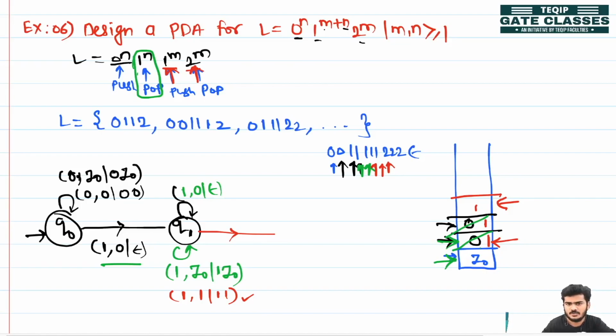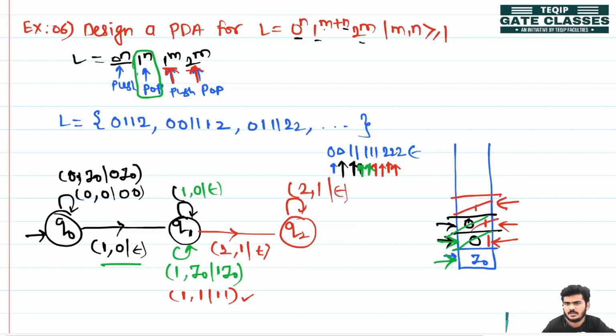So whenever 2 is the input symbol and the top of the stack is 1, we will start popping. So this 1 is popped, and the top pointer becomes this. For the next 2 also we will do the same operation. Whenever 2 is there and 1 is the top of the stack, we will do popping.